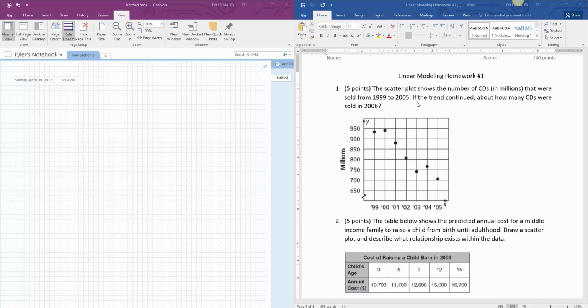And what we're saying is, assuming that this trend continues, we want to estimate how many we would expect in 2006, right? So if I look at my scatter diagram, each tick mark along the x-axis here is 1 year. So we need to estimate for this last tick mark, at the very edge.